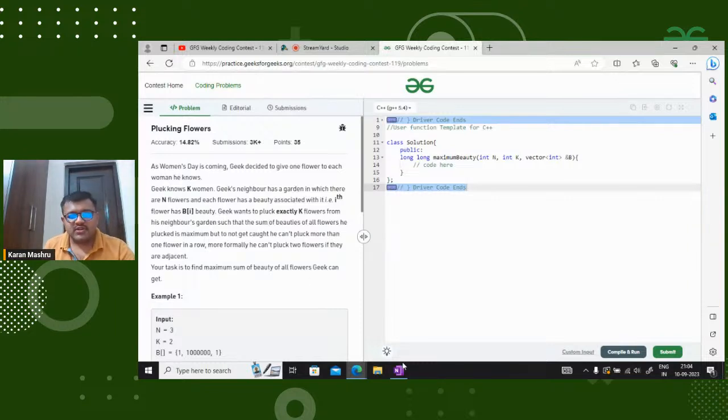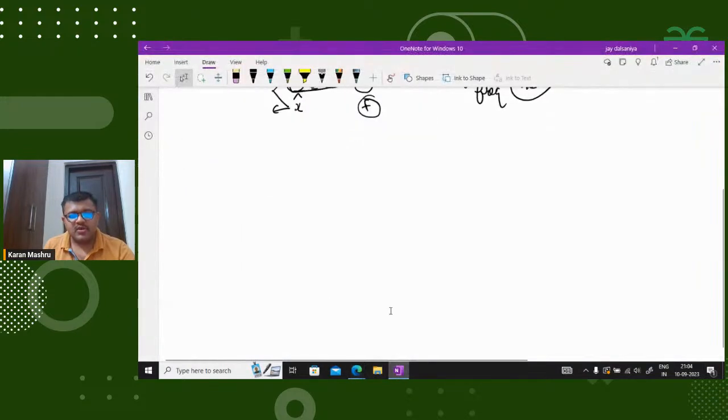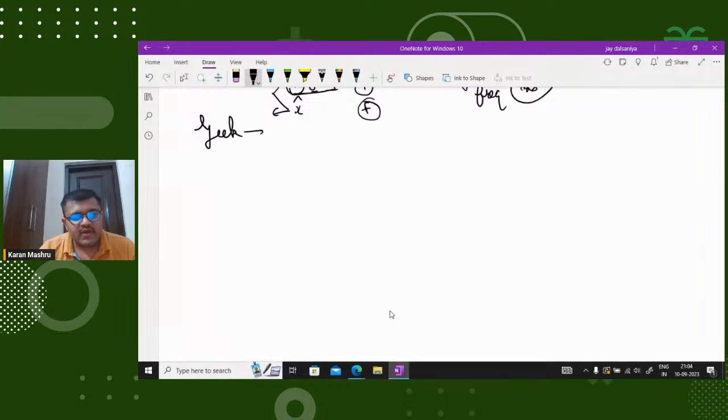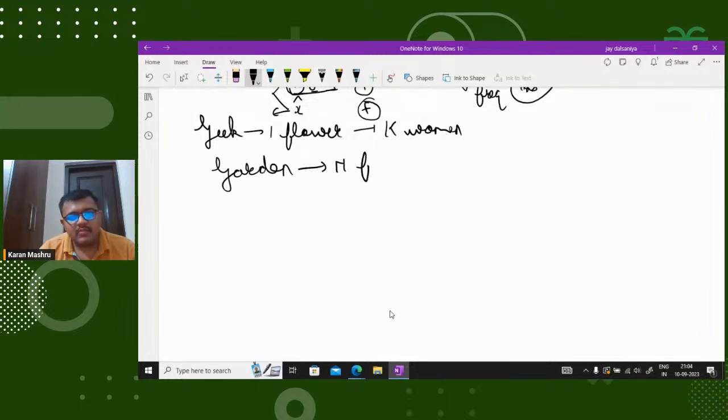Okay, so let us first understand this much. So now on Women's Day, Geek wants to gift one flower to each of the women he knows. Okay, he knows k women, so he needs k flowers. Now there is a garden in which there are n flowers total. Out of this Geek will pluck exactly k flowers because he knows k women, right?